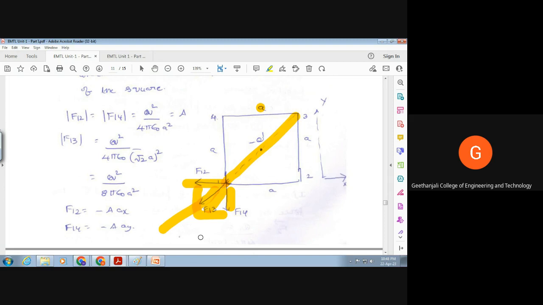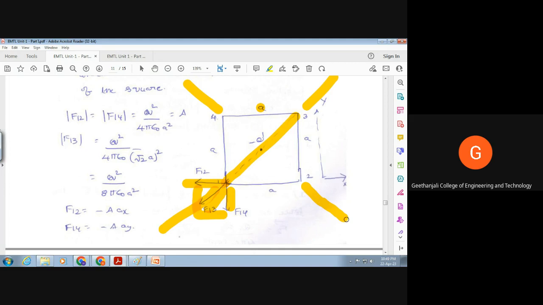Because the situation is the same at the other corners, this also experiences a force in this direction, this experiences a force in this direction, and this experiences a force in this direction. So as it is, if I place 4 point charges at the four corners of a square and release my hold on them, what happens? Each point charge will try to run away from the rest of the charges because each experiences a force in the diagonal direction.